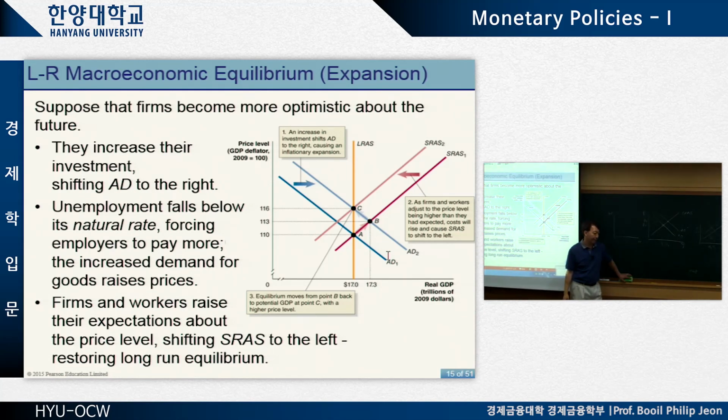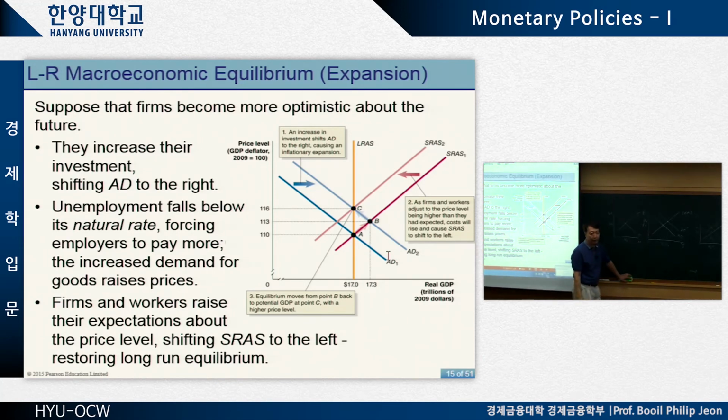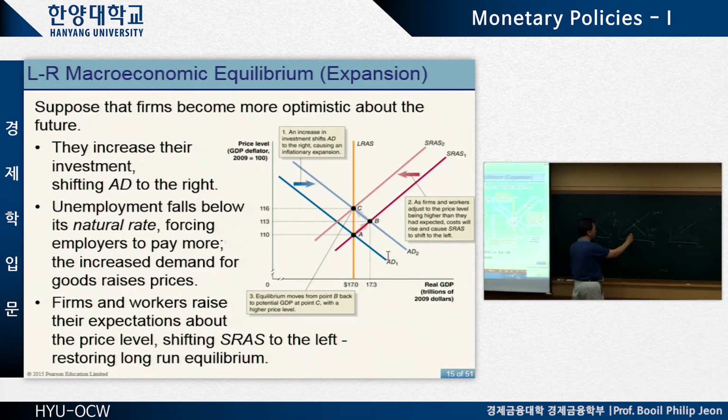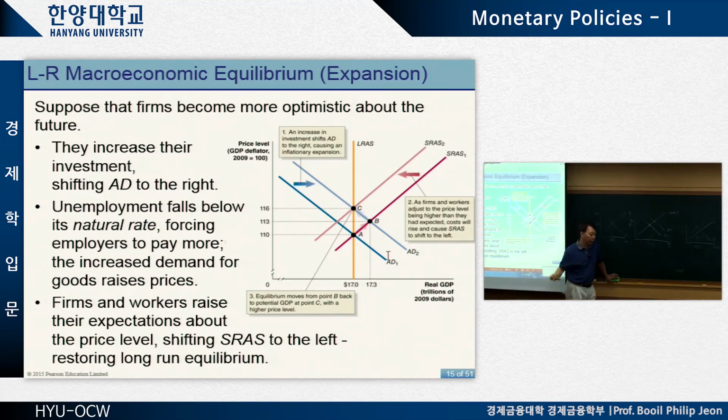So from the initial supply and demand for labor, initial wages and initial employment, workers realize that, well, income went up, output went up, and unemployment went down, which is good.